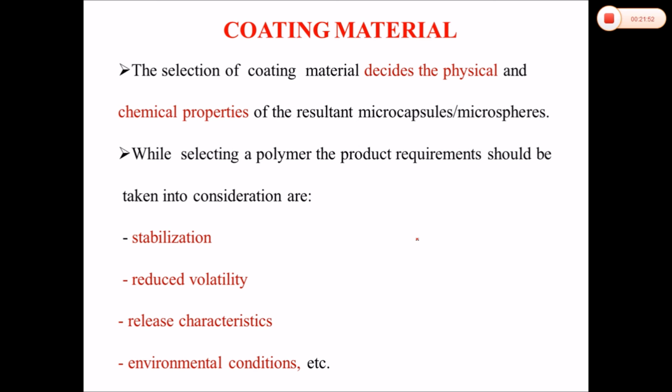Like stabilization, reduced volatility, and what the specific dosage or product requirements are. First is stabilization, release characteristics, and environmental conditions that have to be considered. Then, whether the coating material will satisfy the product objectives and requirements.